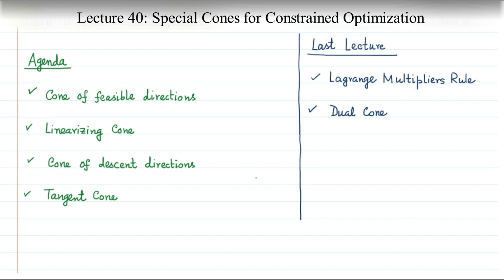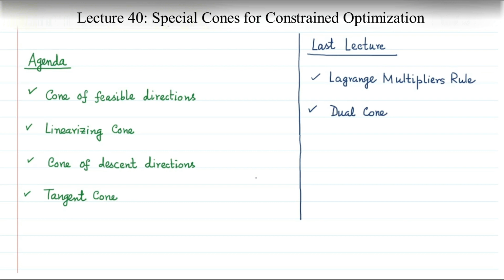In today's class, we shall continue the discussion on the cones for constrained optimization. At first, we will discuss the cone of feasible directions, then the linearizing cone and the cone of descent directions will be discussed. And once we finish the portion on the cone of descent directions, we will be at a position to find at least one geometric necessary optimality condition.